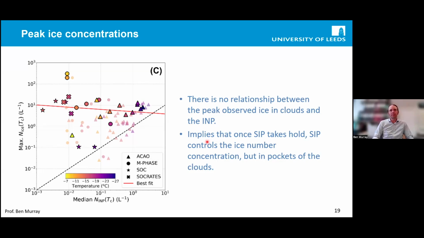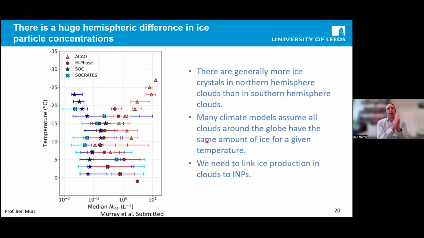So one final slide on this topic: I've contrasted the ice concentration with temperature on the y-axis for these four different campaigns. I just wanted to really emphasize that the red and orange are for the Northern Hemisphere campaigns, the blues are for the Southern Hemisphere campaigns.